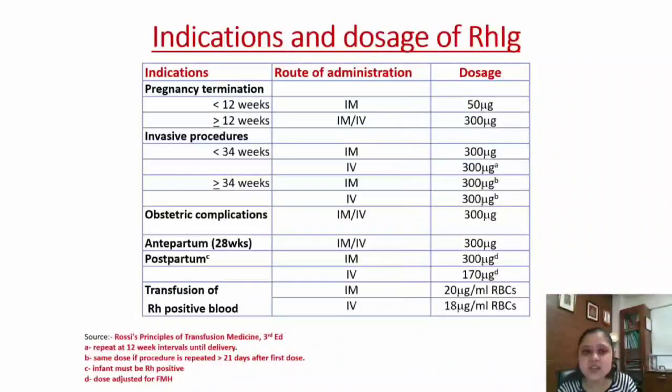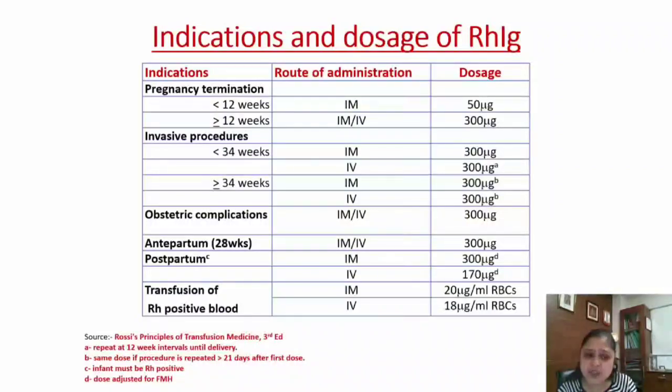Now let us see the indications and various dosages of Rh immunoglobulin. Indication 1: if the pregnancy is terminated before 12 weeks of gestation, then we can administer 50 micrograms IM. If it is terminated at 12 weeks or more, then 300 micrograms, that is one vial, needs to be administered intramuscularly or by intravenous route. If other invasive procedures are done at less than 34 weeks, then we can administer a 300 microgram dose either IM or IV.